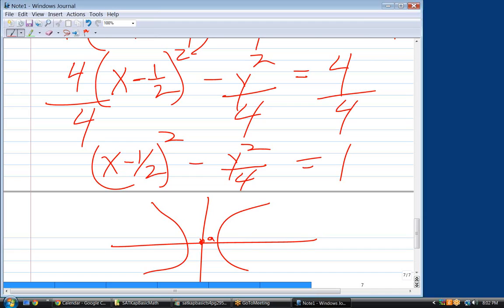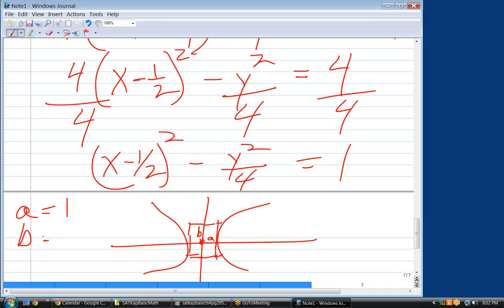There's an imaginary box here that represents A and B. If A is this measurement, B is this measurement. Well, I know that A is what goes under the x, which is 1. So A is 1.